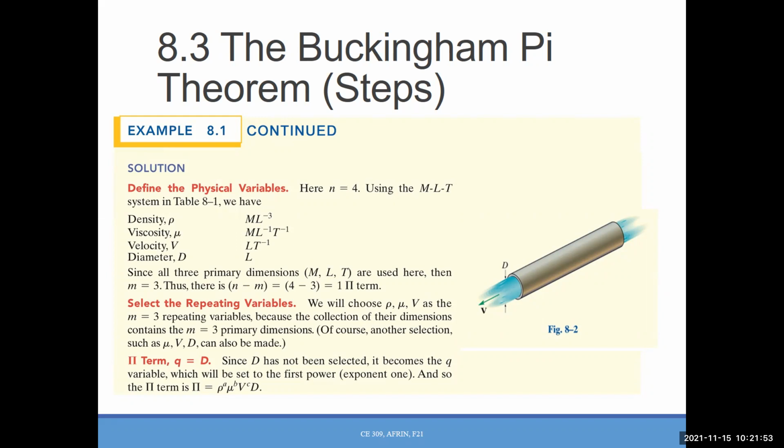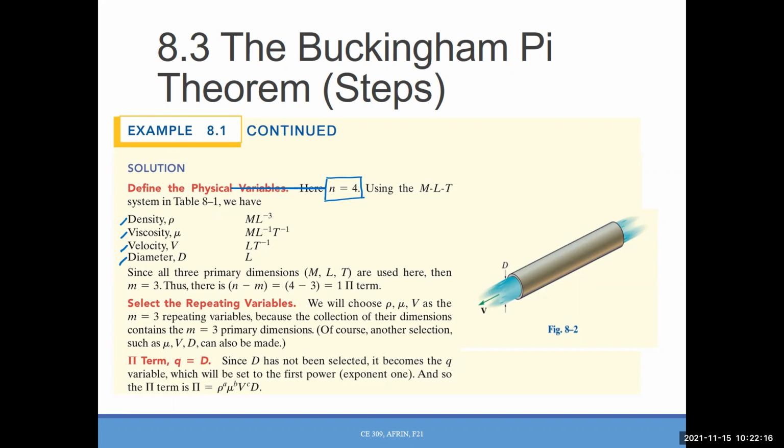That is the first step. They define the physical variables here: density, viscosity, velocity, diameter. And determine the number of variables. How many variables do we have here? 4, right? n equals 4.